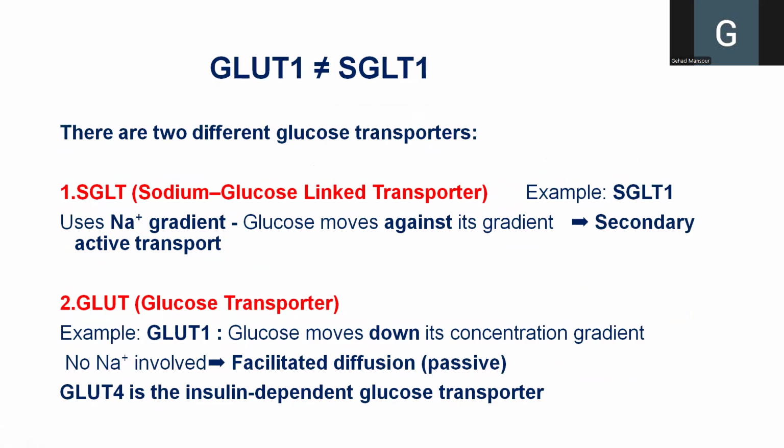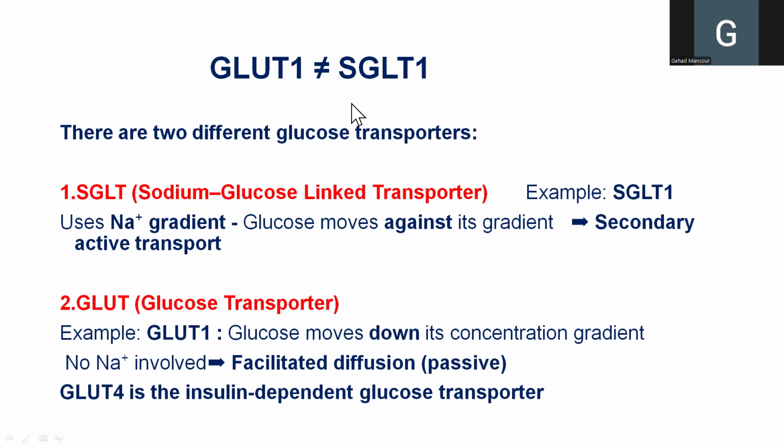Now we are going to focus on the differences between the GLUT1 transporter and the SGLT1 transporter. As I said before, there are several transporters in the body, so we don't only have a sodium glucose linked transporter 1, but we do have another sodium glucose linked transporter 2.